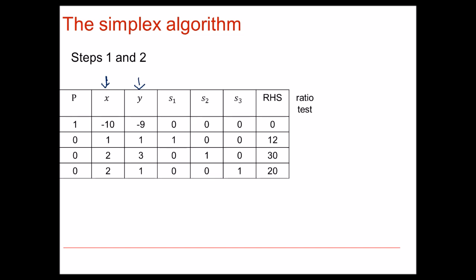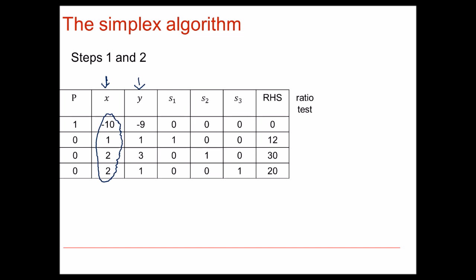And this in the long run means that fewer iterations will be required within the simplex method. So, choosing this column as our pivot column is step 1.